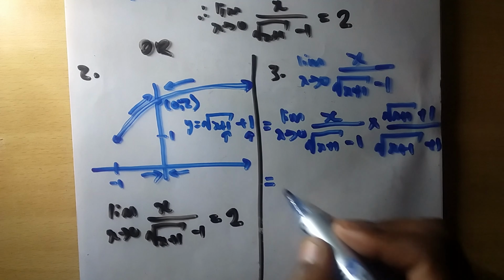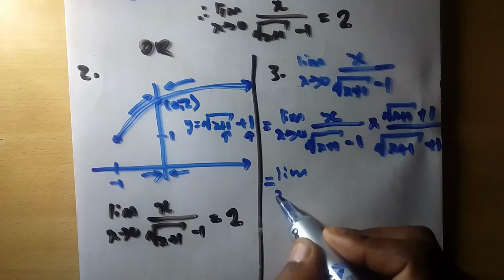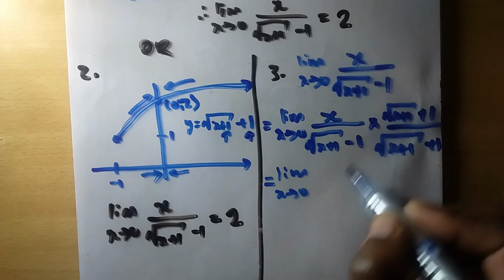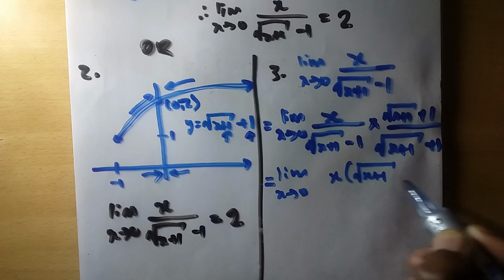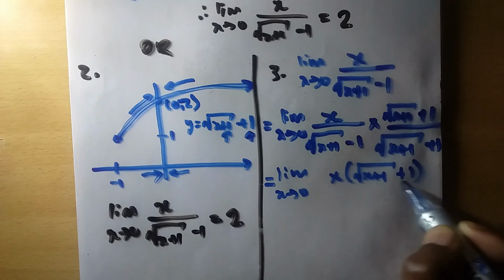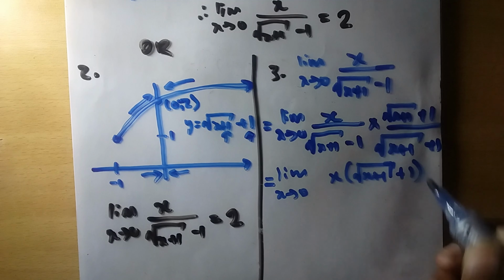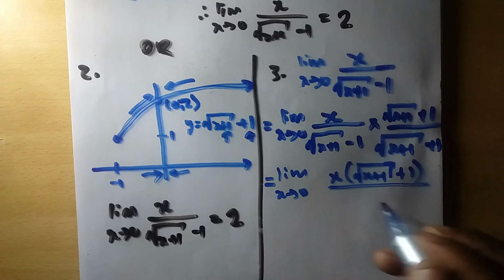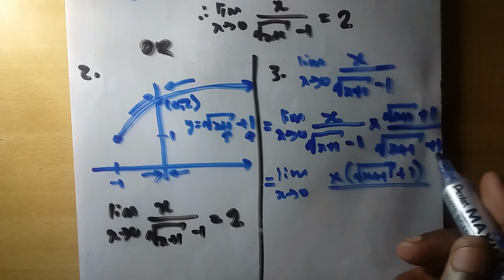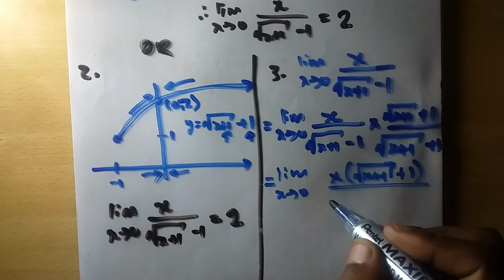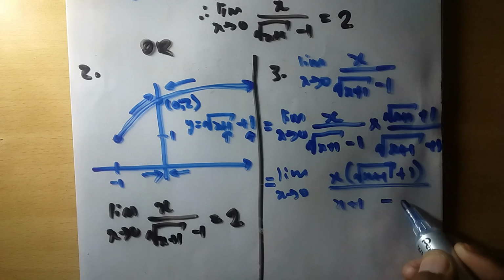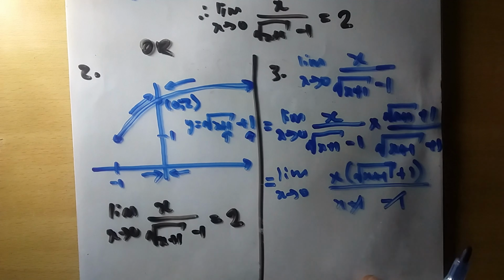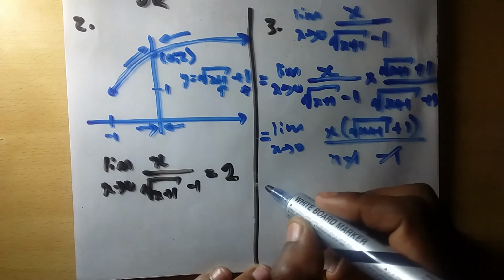Okay, so we're gonna have the limit as x approaches 0, this times that is just x multiplied by the square root of x plus 1 plus 1. This is just a difference of two squares, so this squared is just going to give us x plus 1, and then this times that is just going to give us minus 1. So this and that give us 0, and then we'll have what?